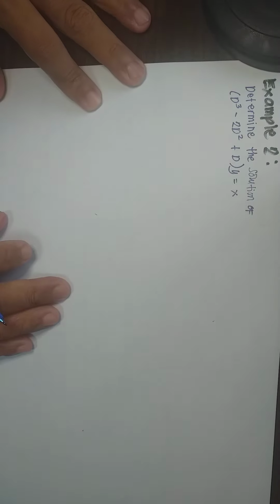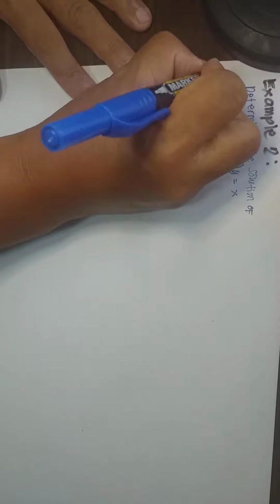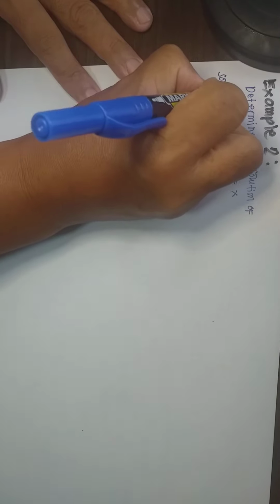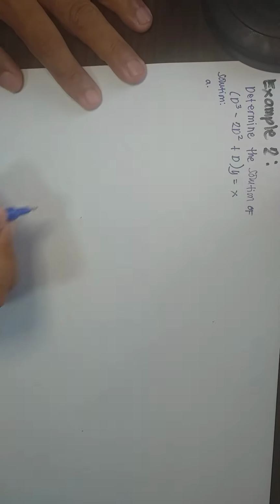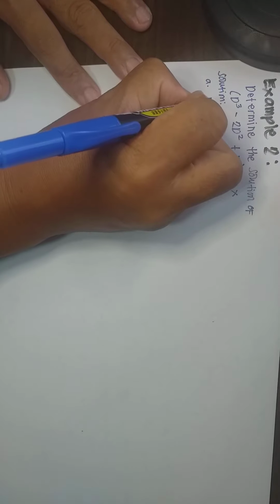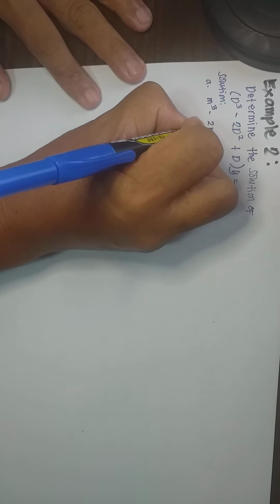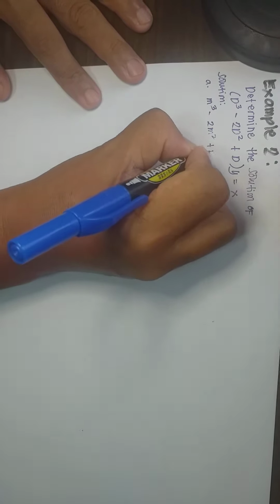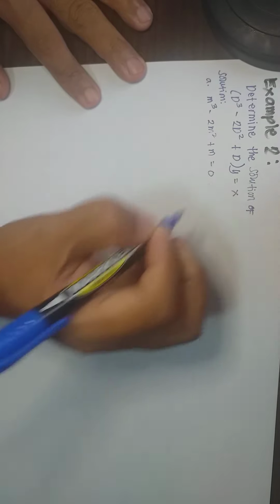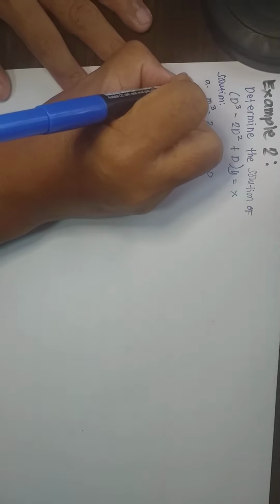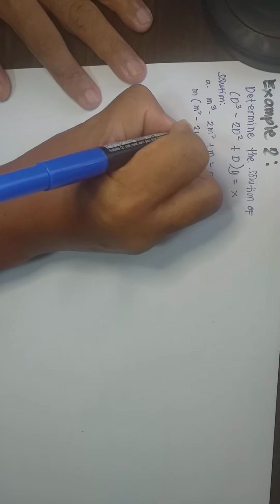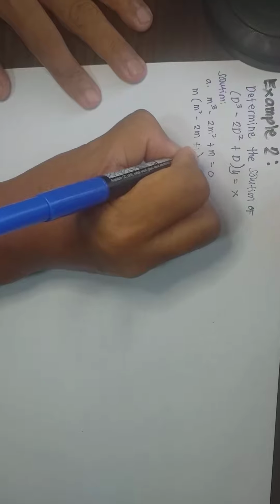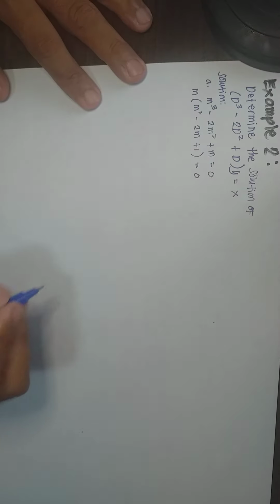Okay? So again, solution. Letter A first. The auxiliary equation. So what is the auxiliary equation here? We have m cubed minus 2m squared plus m is equal to 0. Factoring m, we have m times m squared minus 2m plus 1 is equal to 0.